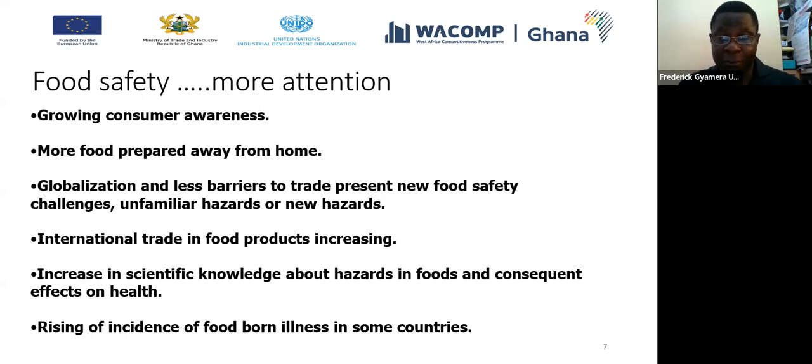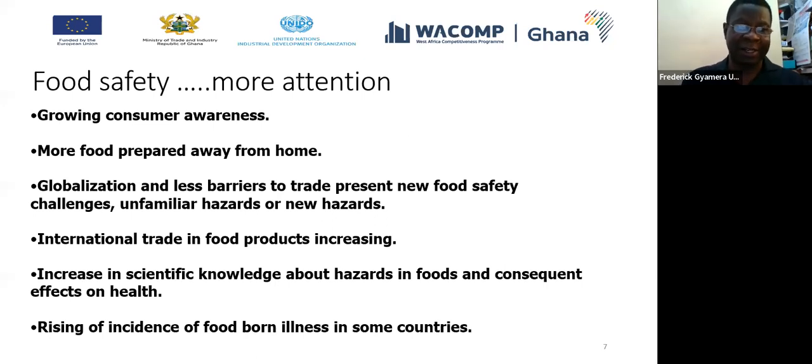So right from primary production, from the farm through all the production or manufacturing to the table, we are introducing new hazards: the poisonous substances, the pesticide residues, the agrochemicals. So you should be aware, and most advanced markets, because of globalization, some of them in the past maybe were not aware, now they know.